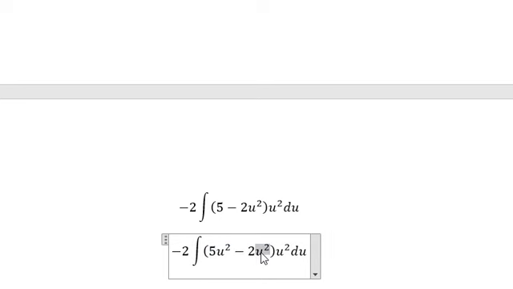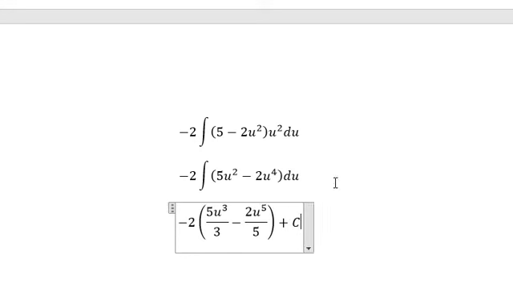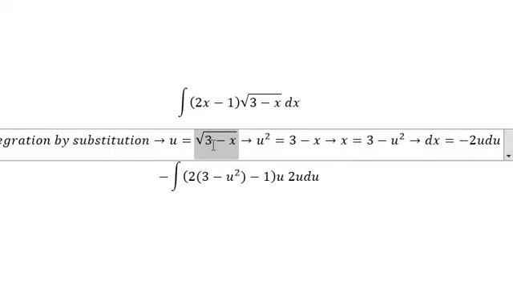U to the power of number 4. This one you got 5u to the power of 3 over 3 minus 2u to the power of 5 over 5. About u, that's this one.